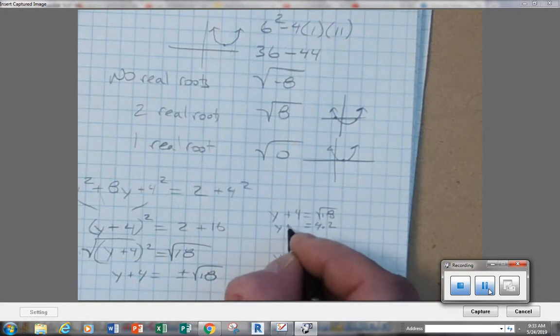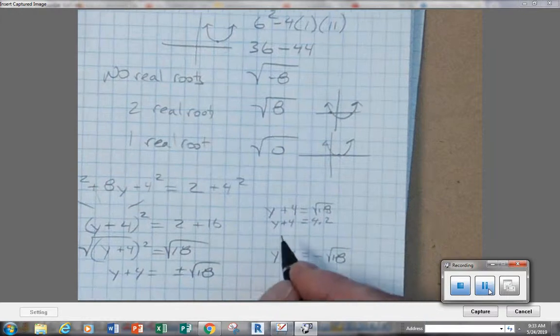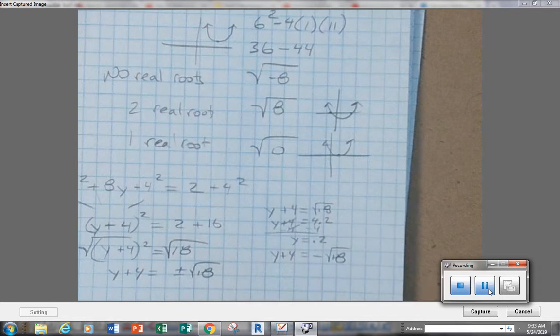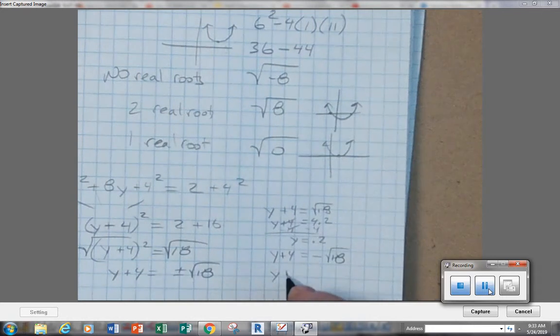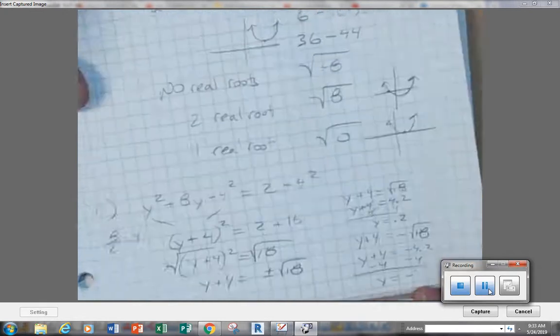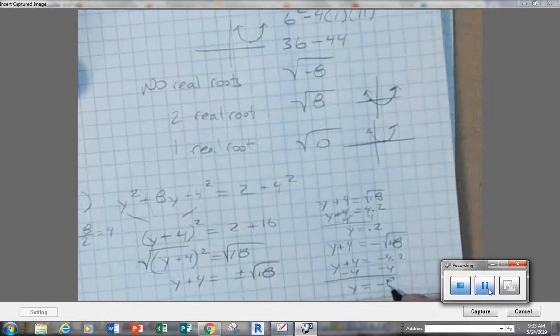So for this one, subtract 4 gives me about 0.2. For this one right here, when I change this to negative 4.2, looks like about negative 8.2 right there.